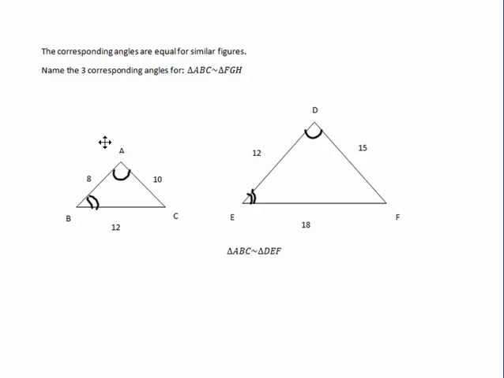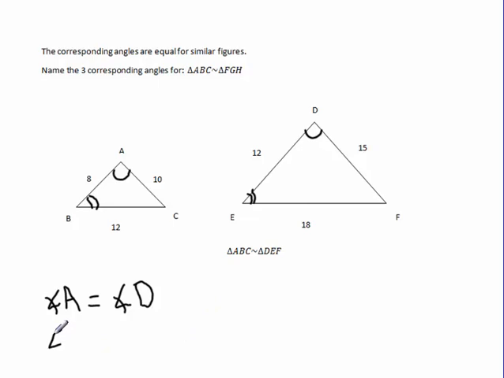It says name the three corresponding angles. I know that the measure of angle A equals the measure of angle D. There's a lot of symbols, and that's okay. This symbol just means this angle. Whatever angle corresponds to A is equal to the angle corresponding with D. Just looking at it, we could tell that's definitely true.